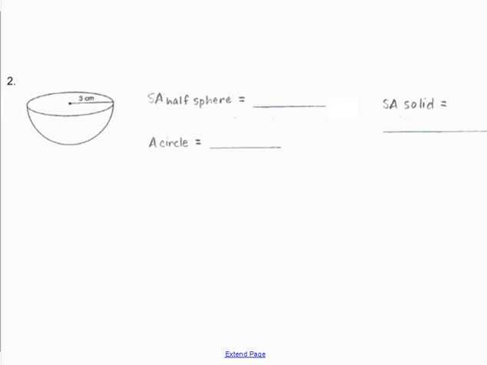Now we've got a half a sphere, okay? So we say, okay, well, a whole sphere is 4 times pi times radius squared. So this is going to be half of that, half of 4 pi radius squared.